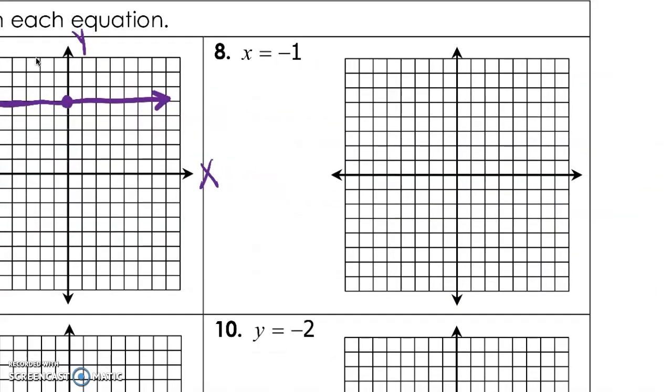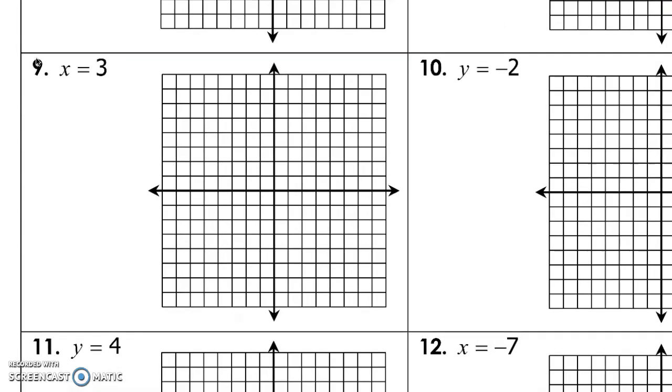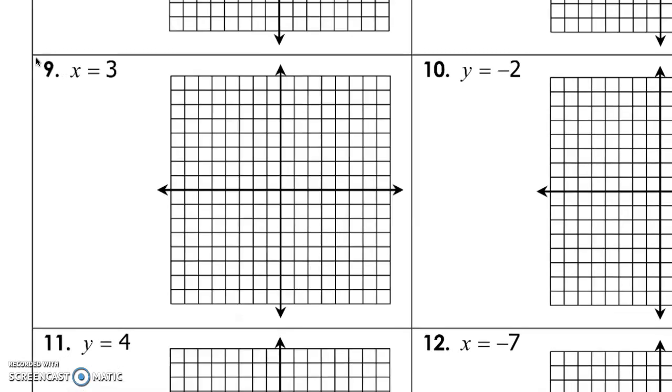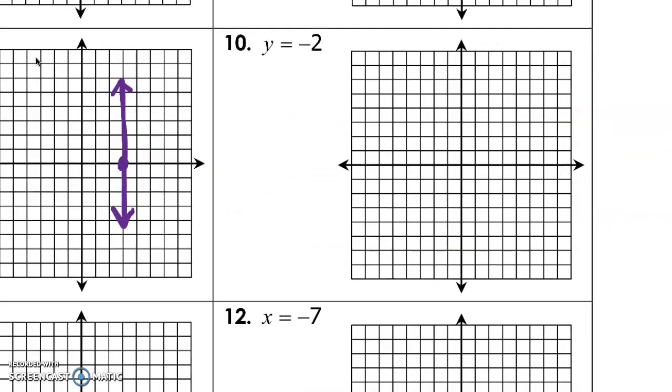Number 8, x equals negative 1 means I go left 1. Then I draw straight up and down. Number 9, x equals 3 means I would go right 3, and again draw straight up and down. X equals a number is a straight up and down line. Y equals negative 2 means I would go down 2 and then draw straight across.